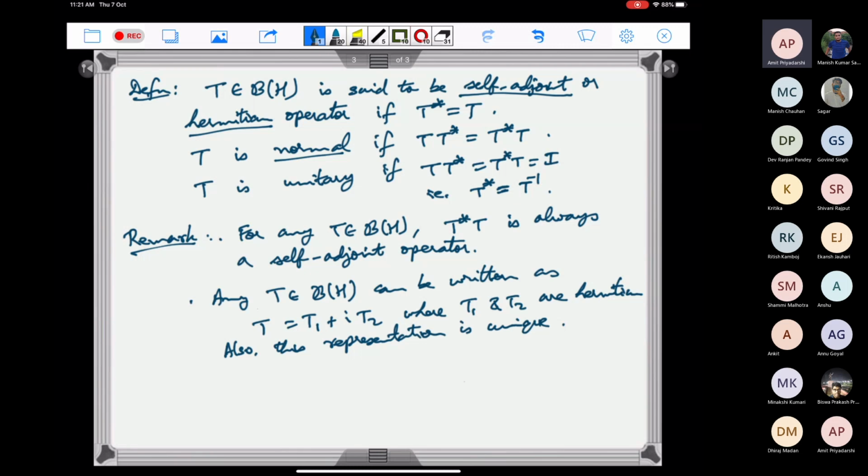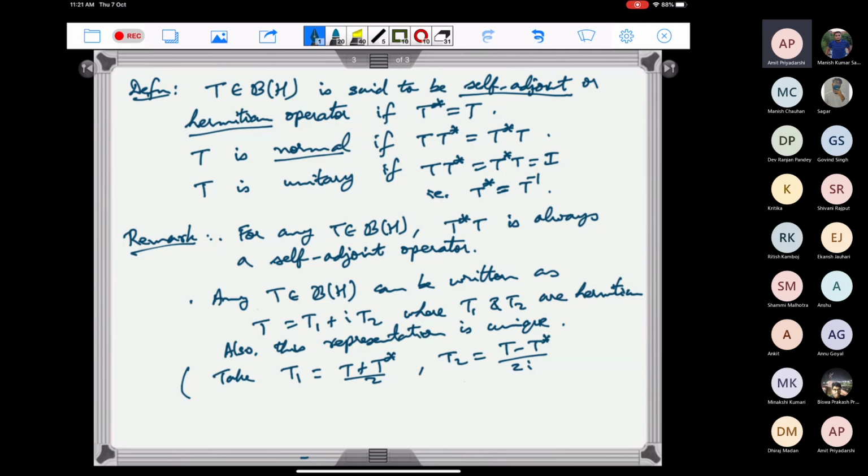So this is again easy. The proof is that you just put T1 equal to T plus T star by 2 and T2 equal to T minus T star by 2i. Then T1 and T2 are both Hermitian, and T is equal to T1 plus i T2. So we get this.